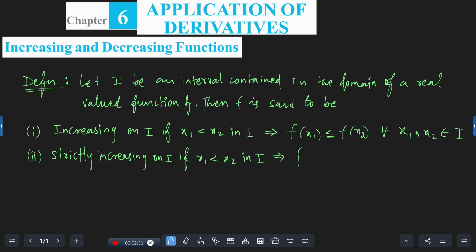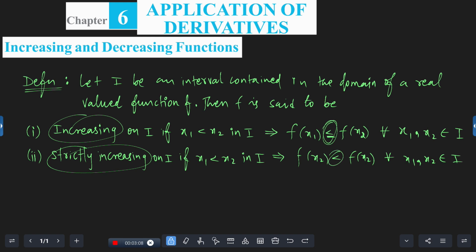For strictly increasing, equal will not come, for all x1, x2 belonging to I. Listen carefully. Just increasing, equal will come. Strictly increasing, the equal symbol will not come. So the first one, just increasing, I gave equal. The second one, strictly increasing, I didn't give equal.